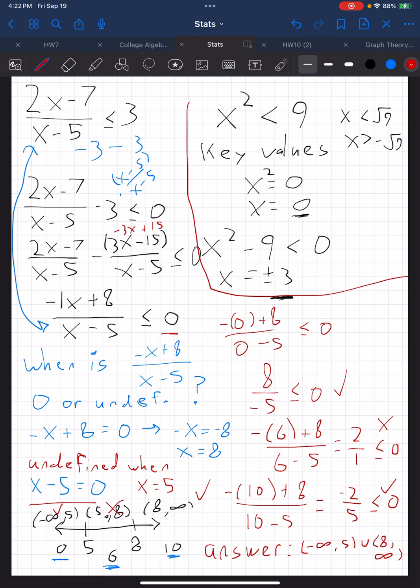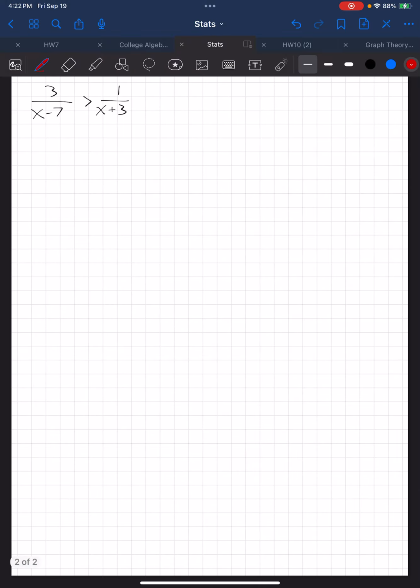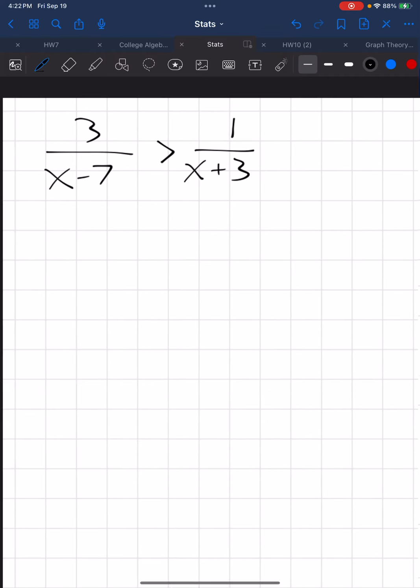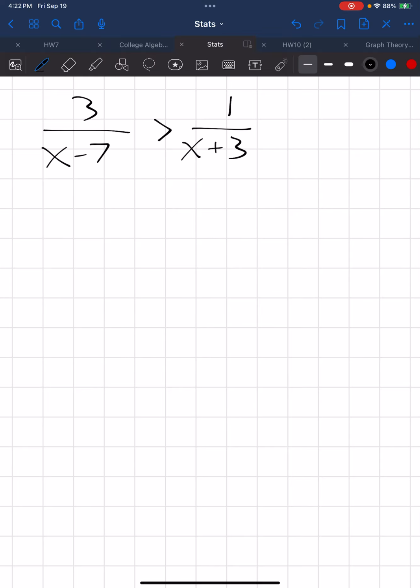Okay, so let's handle this problem now, where what we're going to do to really find all of our key values is move this over so that it's just 0 on one side of the equation. Immediately, it is already correct to do what we said in that one top hat question.